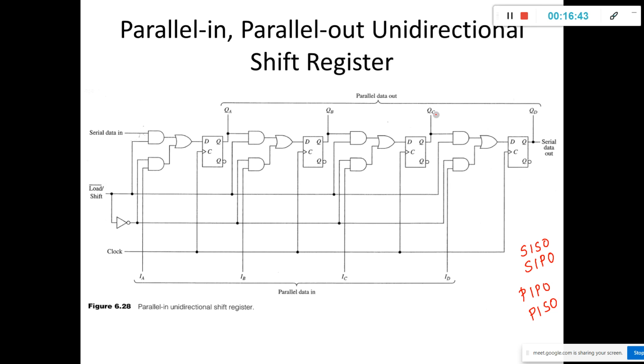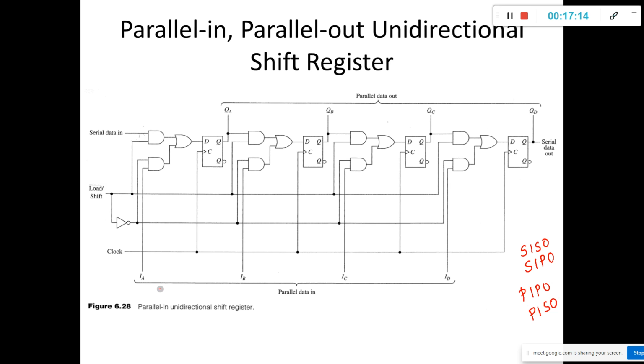Okay. It can also be seen that it functions as serial in parallel out also, and serial in serial out also, parallel in parallel out, and parallel in serial out. It depends on which type of direction or transfer of the information you require. Okay. So whenever load bar shift signal is 0, what happens?